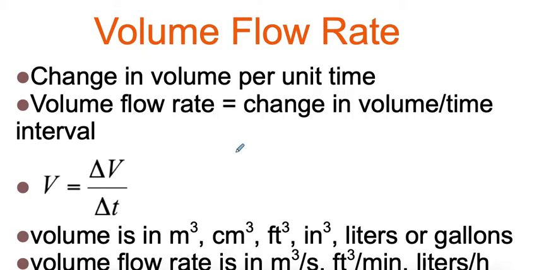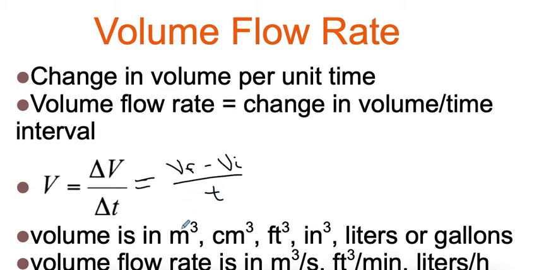So let's look at the equation. The volume flow rate is going to be change in volume per unit time. Volume flow rate equals change in volume, which is delta V, over a time interval. Remember, this could be a final volume minus an initial volume, so you have the amount of volume that's changed over a time interval. Usually this is going to be from 0, because it's going to say my elapsed time was a certain amount of seconds.